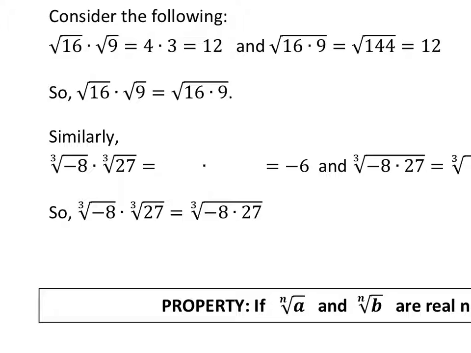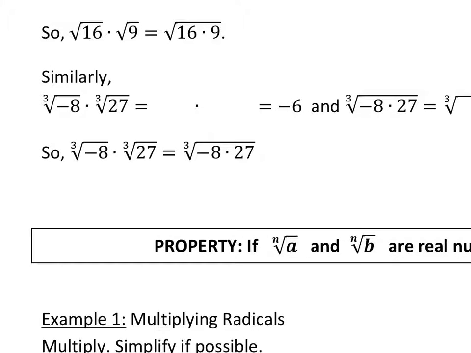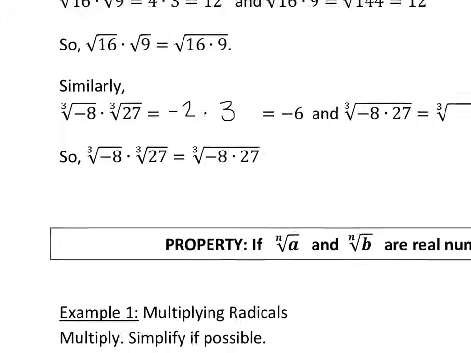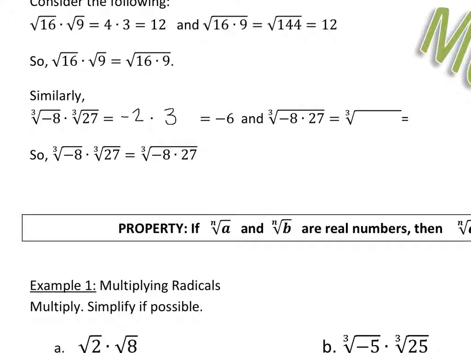Okay, so similarly, let's look at this cubed root one. What's the cubed root of negative 8? Negative 2. What's the cubed root of 27? 3. Those multiplied together get negative 6. Somebody tell me what negative 8 times 27 is. Negative 216.